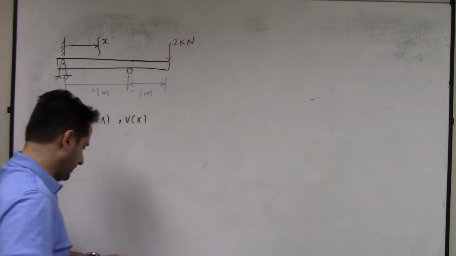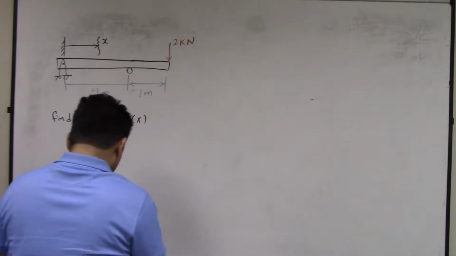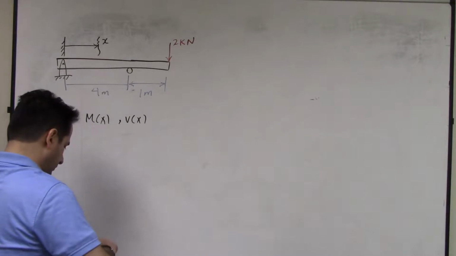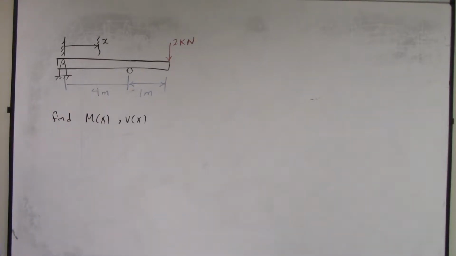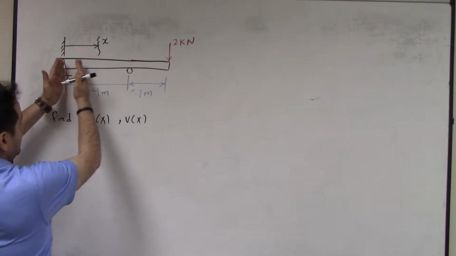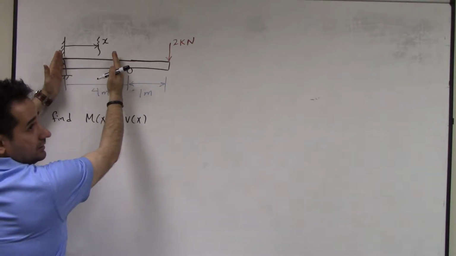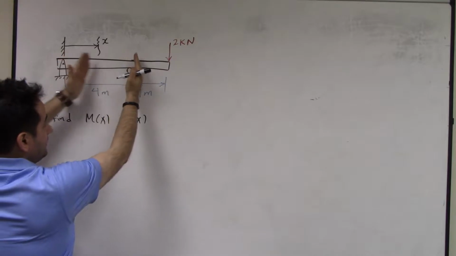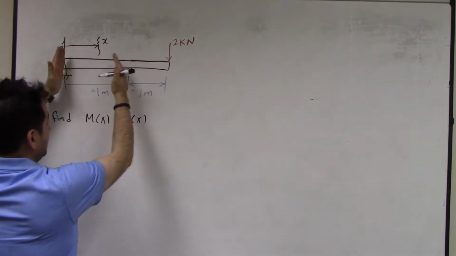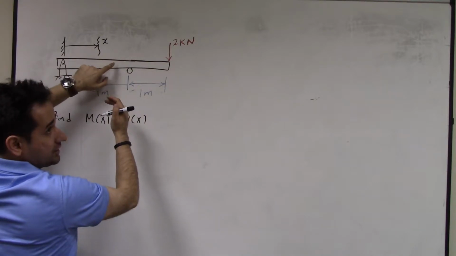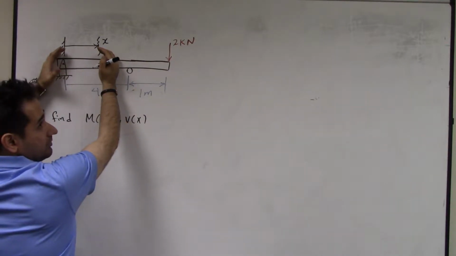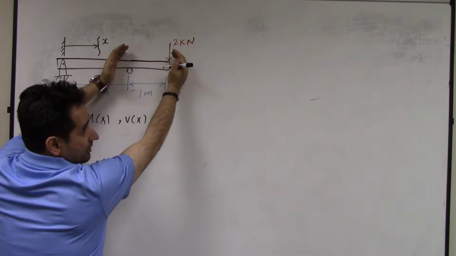So the way we do this, if you do the conventional method, we should first consider this interval, because after this we have a discontinuity. So we consider this section, and we find moment and shear here by writing an equilibrium equation for either this part or this part.